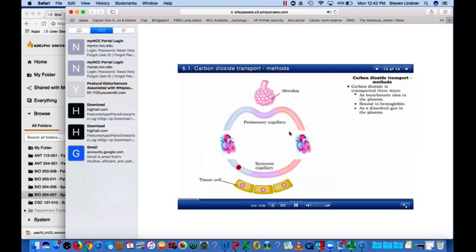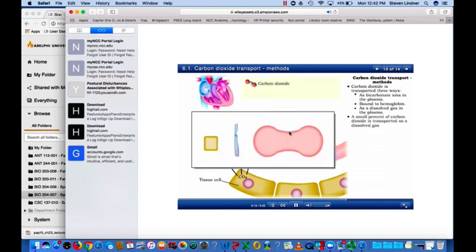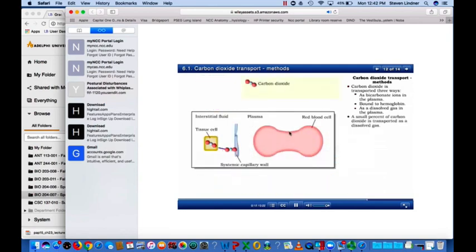Carbon dioxide is picked up at the tissues and carried in the blood to the lungs for disposal in three forms: as bicarbonate ions, as carbon dioxide bound to hemoglobin, and as a dissolved gas. A very small percent of carbon dioxide is transported in the plasma as a dissolved gas.